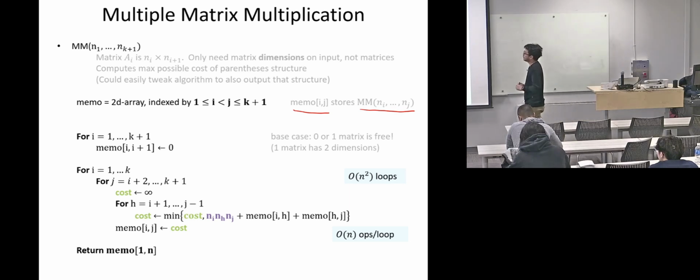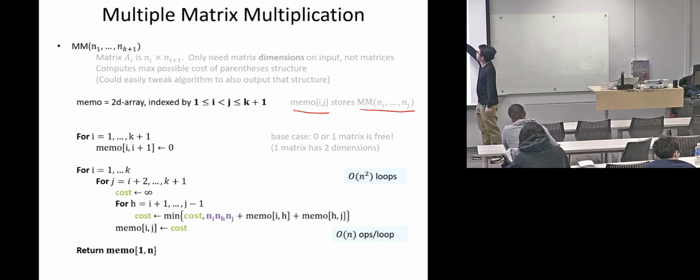Right. And I just need to define the base case. Remember, actually sorry, instead of the matrix A itself, I just put down the dimension here, Ai up to Aj, not the matrix itself.